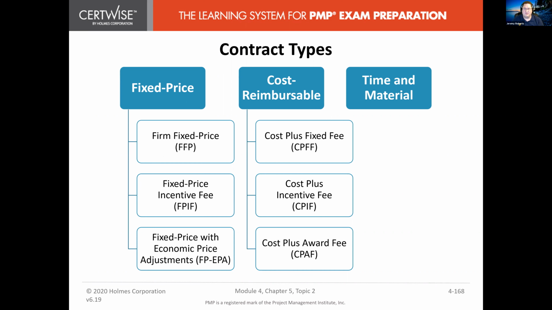Time and material. This one is pretty simple. I mean, it's kind of like the cost plus fixed fee. But this one could be like your car mechanic or contractor, where the cost plus fixed fee might be the materials plus $200.